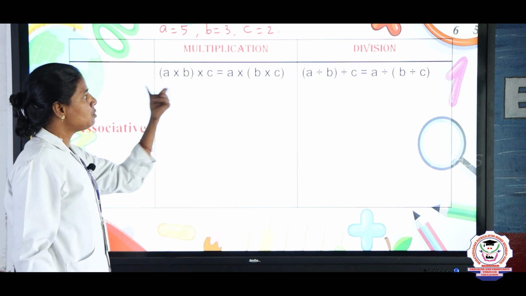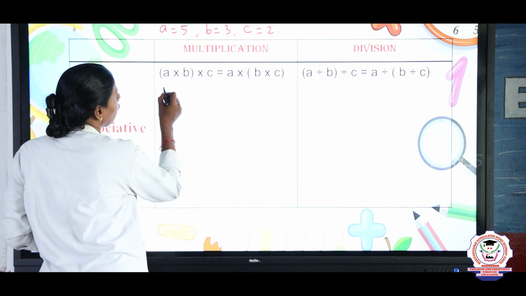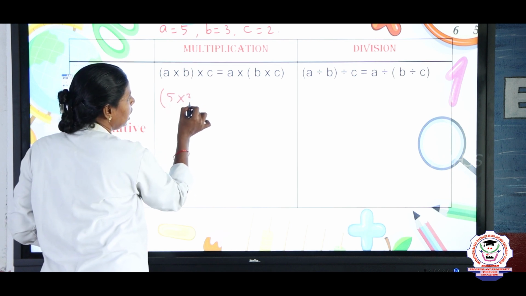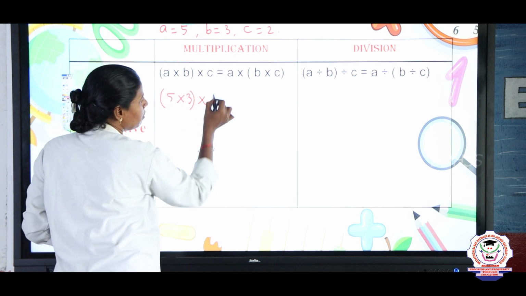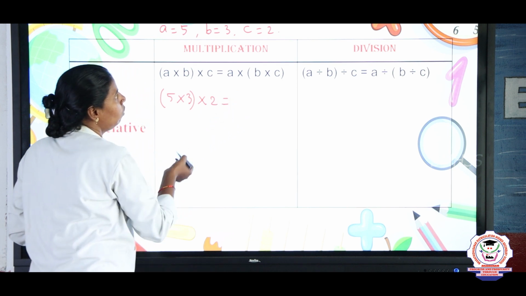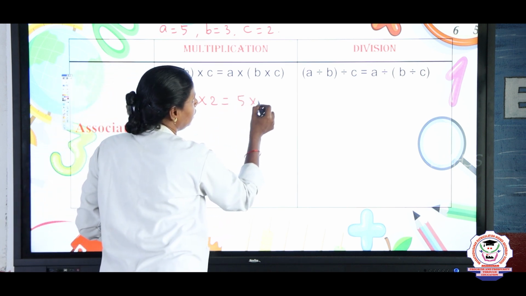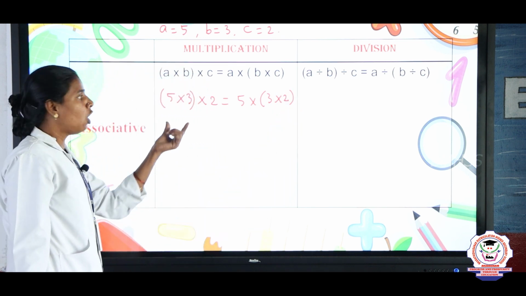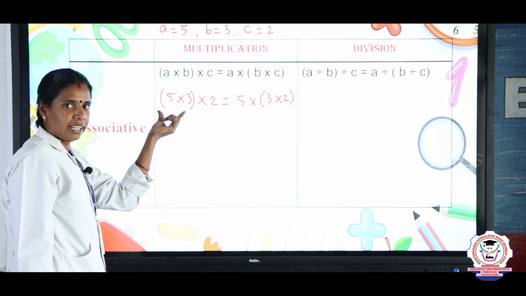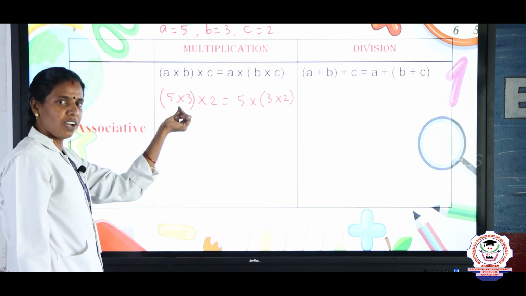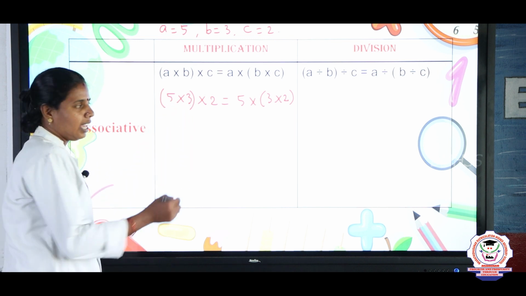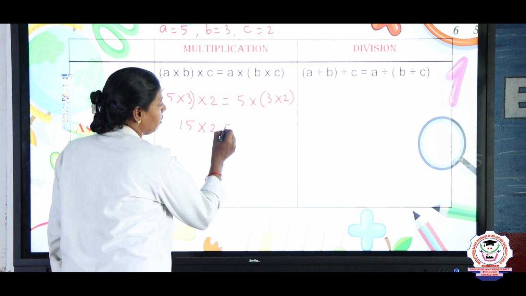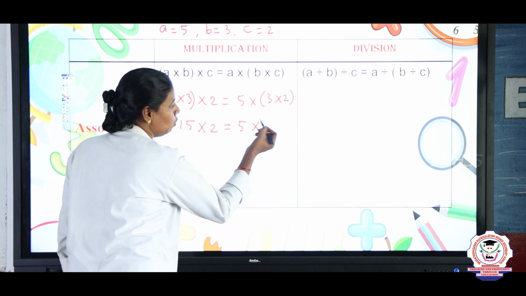Just substitute these values in this multiplication. (5 × 3) × 2 = 5 × (3 × 2). First we need to solve the numbers in the bracket, right? 5 into 3. What is 5 3s? Yes, very good. 5 3s are 15, times 2.